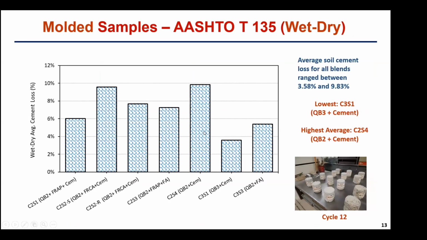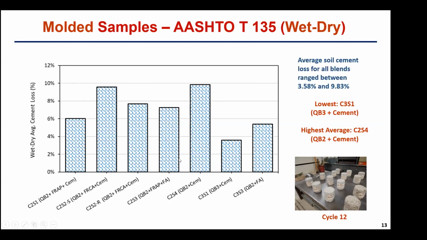Here, we're quickly showing the results from the wet-dry durability samples for the different mixes. Usually, the durability of soil cement is presented as an average soil cement loss in percentage, or how much of the dry sample is lost at each cycle. The results shown here are the average soil cement loss after 12 cycles, or after the termination of the test.